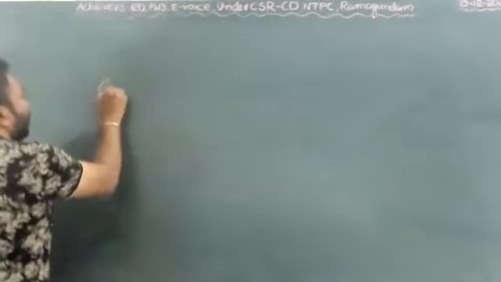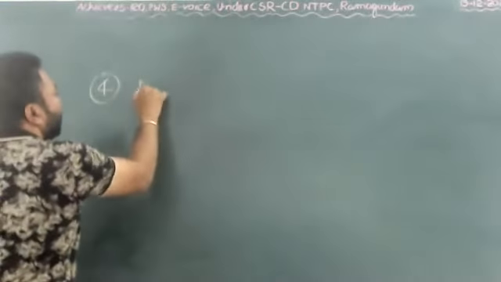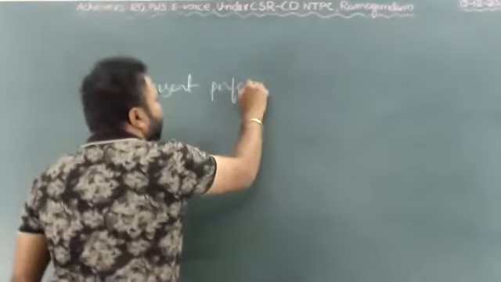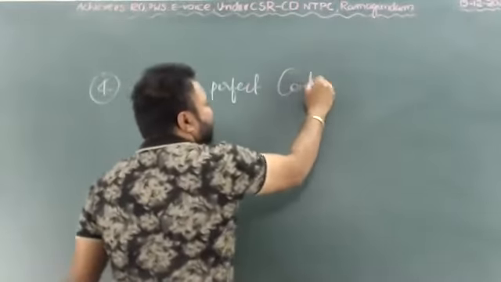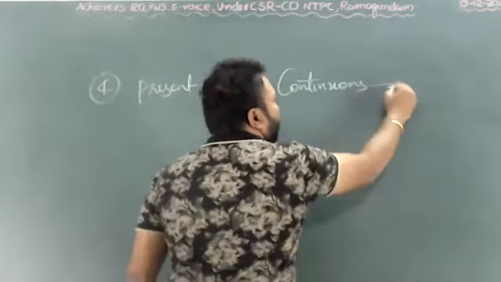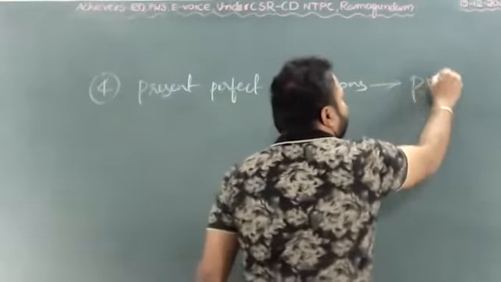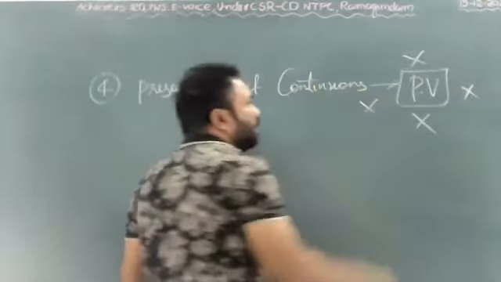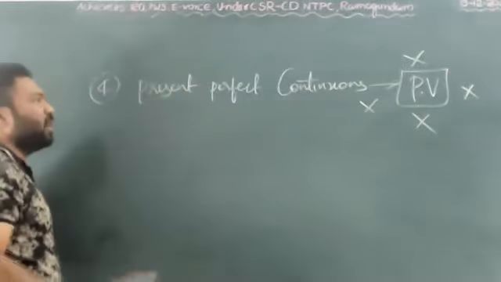Okay. So 4th tense, what is that? Present perfect continuous. We don't have passive voice. We don't have any passive voice. Okay.